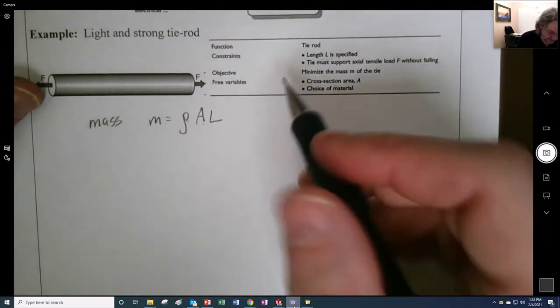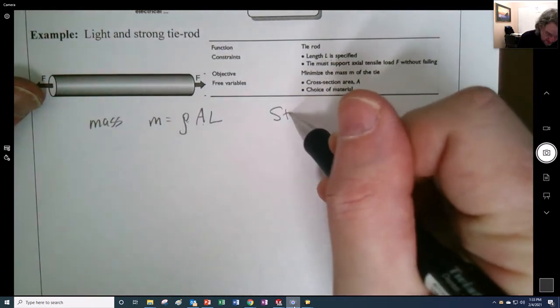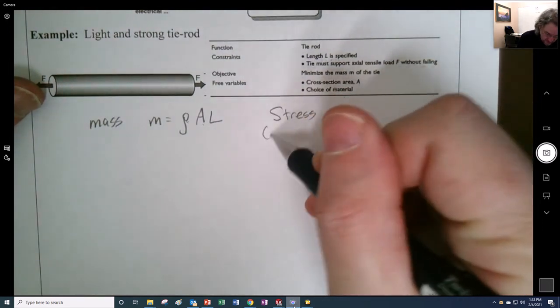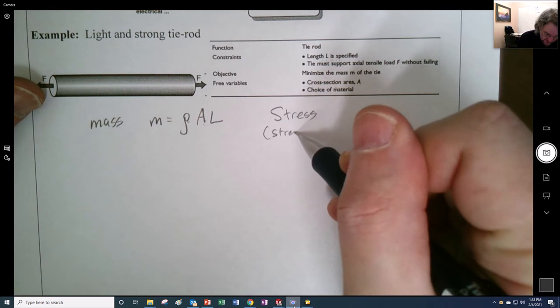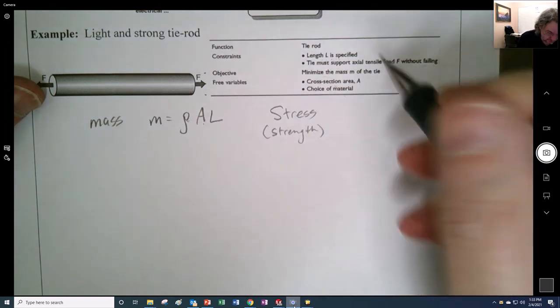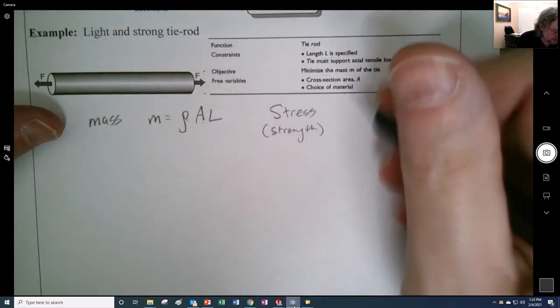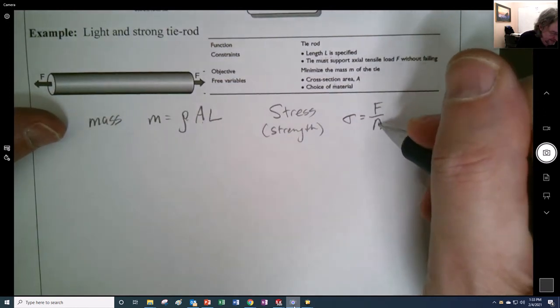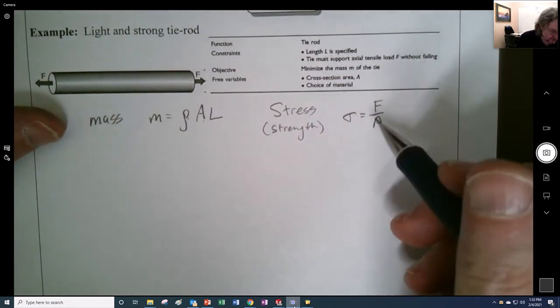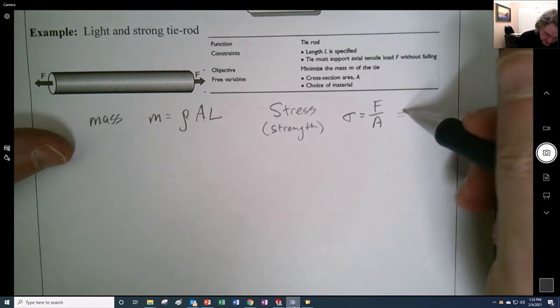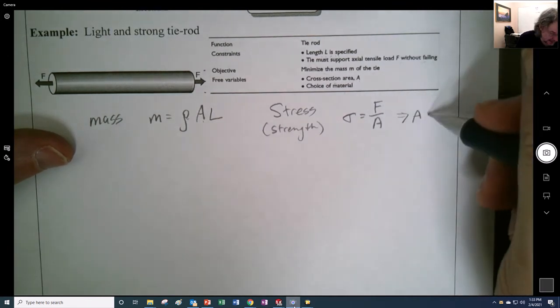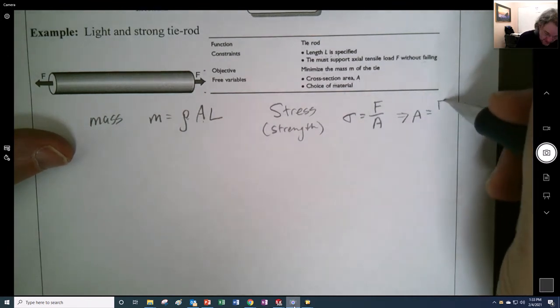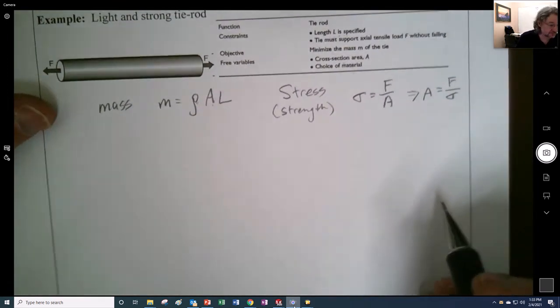We could also say that stress, which is related to the strength of the thing, is sigma equals F over A. So we could write that A is equal to F over stress.